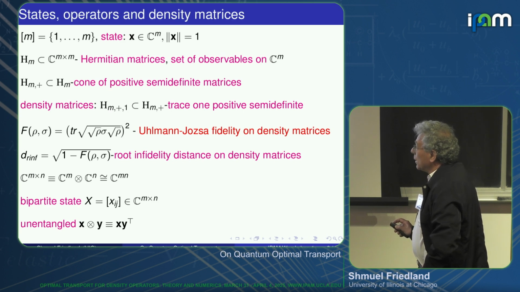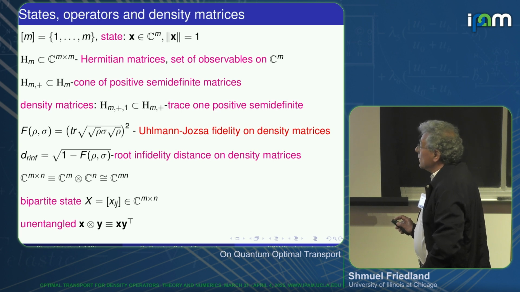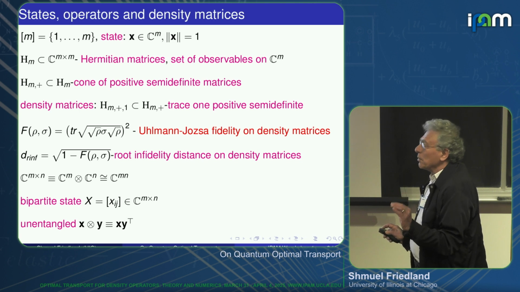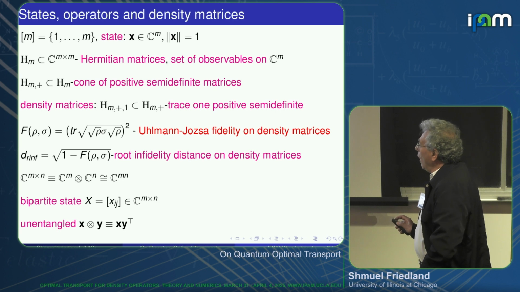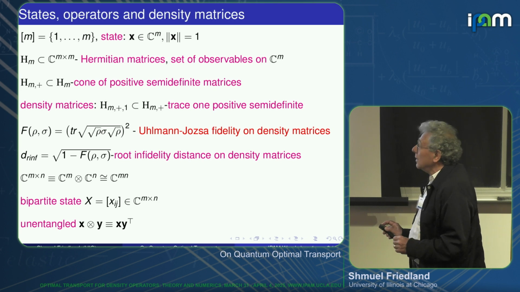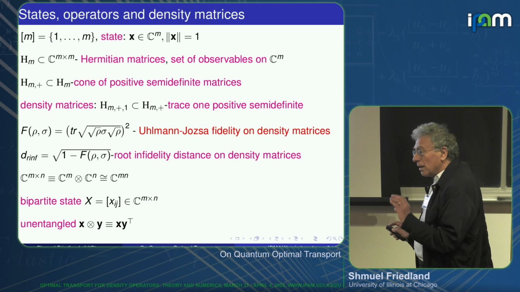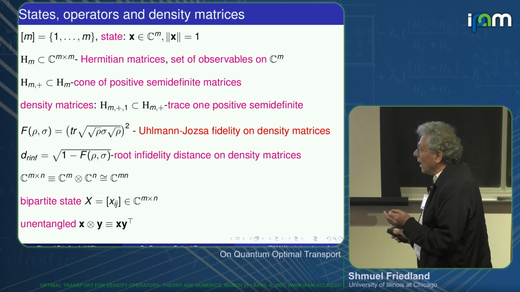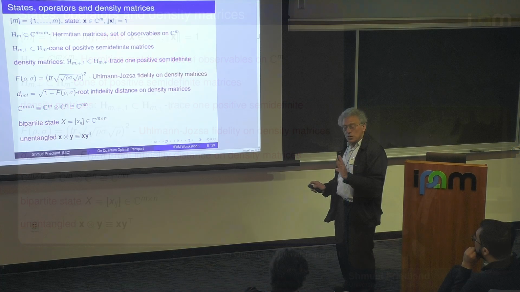When we take a vector in C^m, a column vector with complex coordinates, then its norm, the two norm here, the sum of the absolute value of xi squared, equals 1, because each square is like a probability. Furthermore, if you multiply x by a phase e to the power i phi, where phi is real, or by a complex number zeta of absolute value 1, this is the same state. It's not the same vector, but it's the same state.